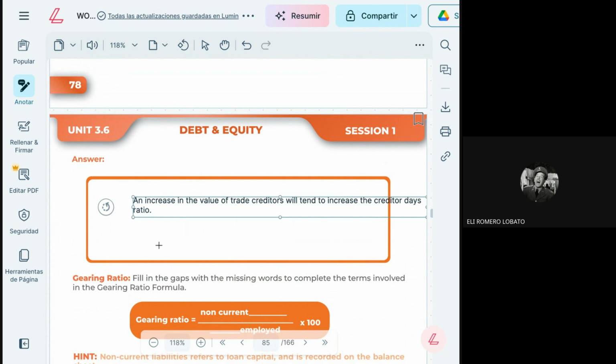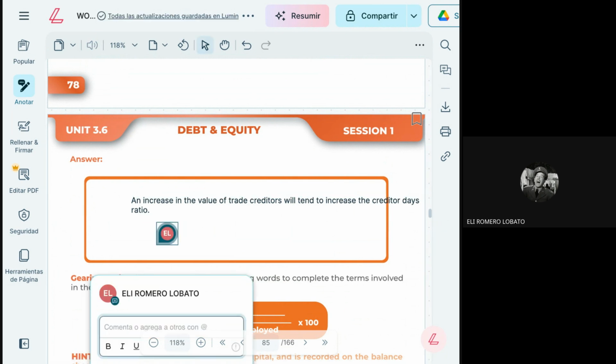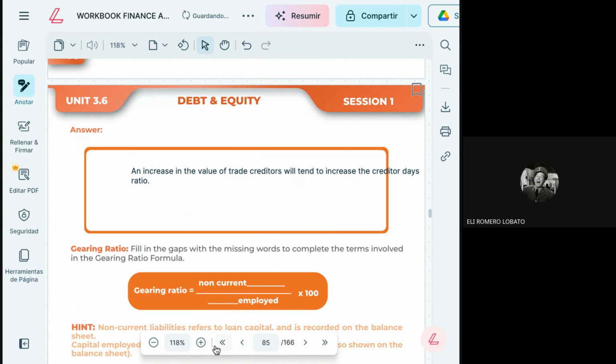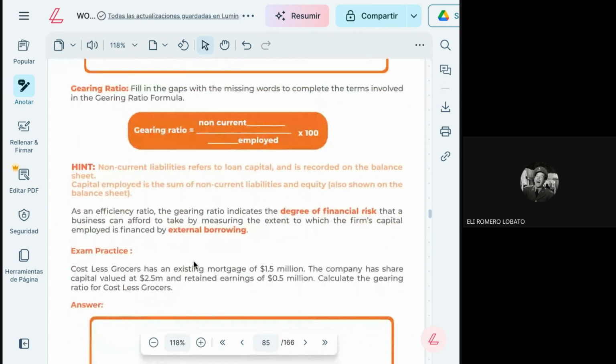This is because, guys, the firm has bought more items, cost of sales, using trade credit, or the timing of payments to its creditors has been deferred. Hence, the firm takes longer to pay its trade creditors. So this is important, and we need to generate strategies.